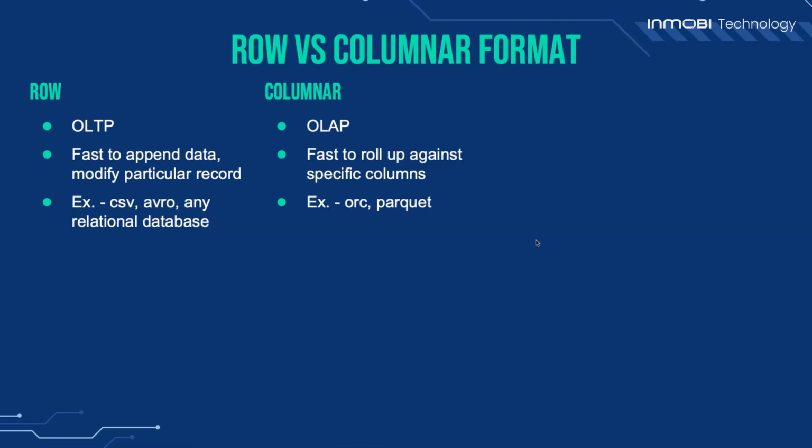So generally in columnar databases, there are specific two or three keys based on which you partition your data. The rest are stored in a columnar fashion, so that when you want to work with a specific column, you can quickly jump to the specific columns only and do the roll-up quickly.